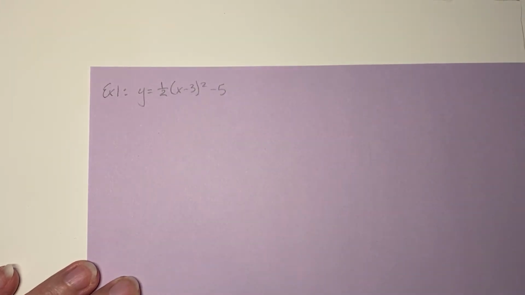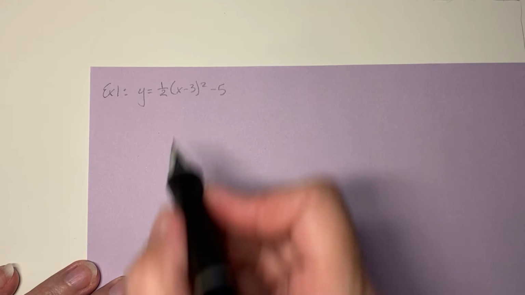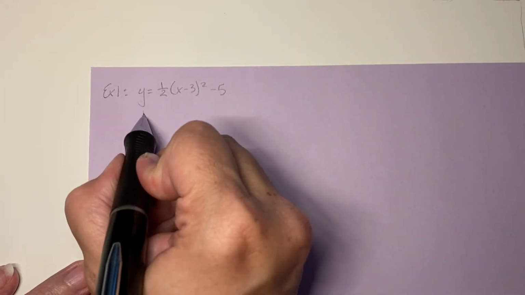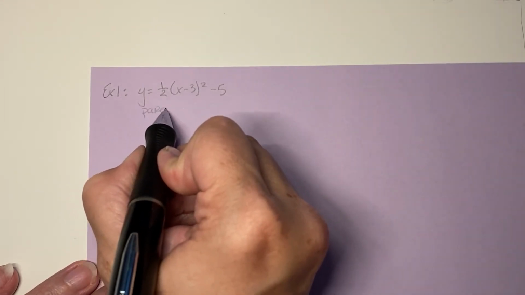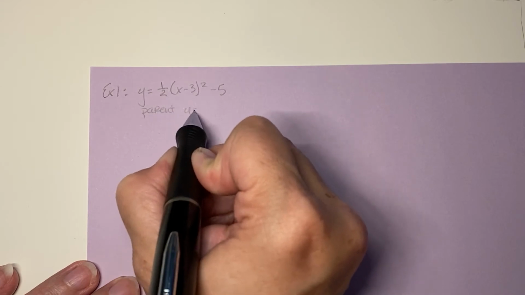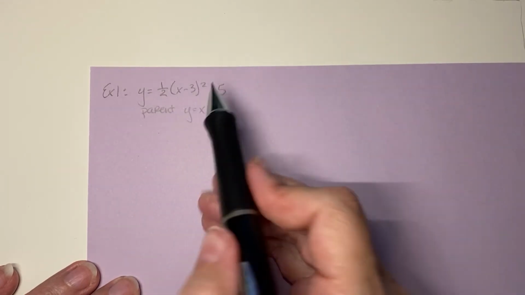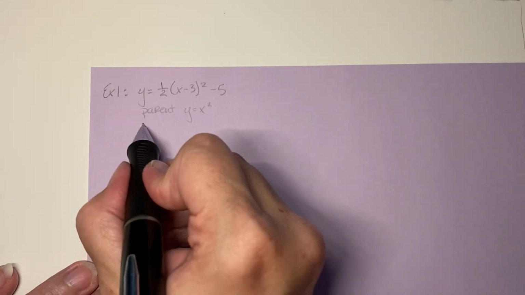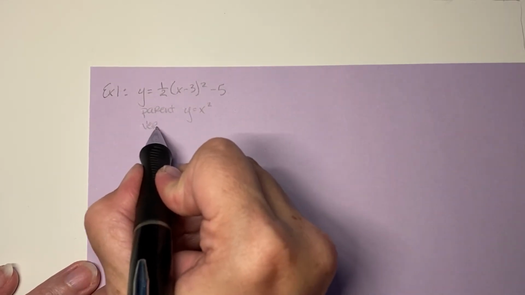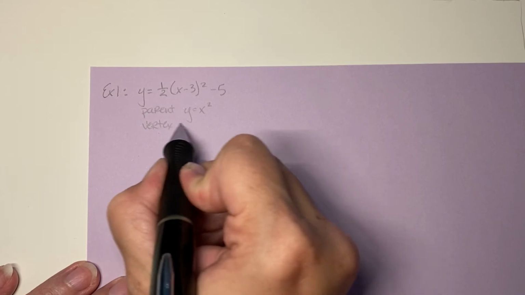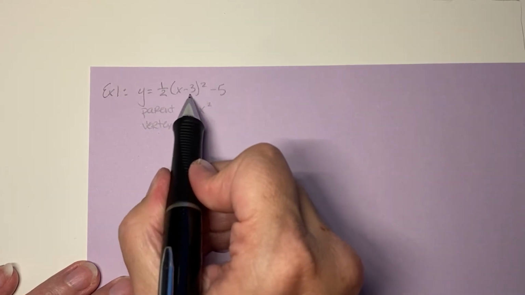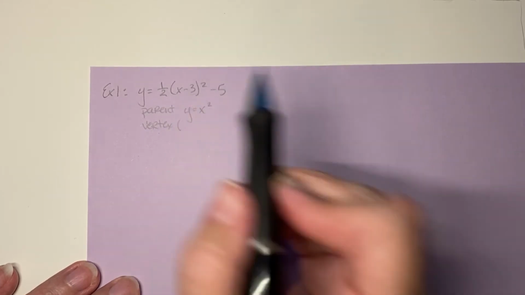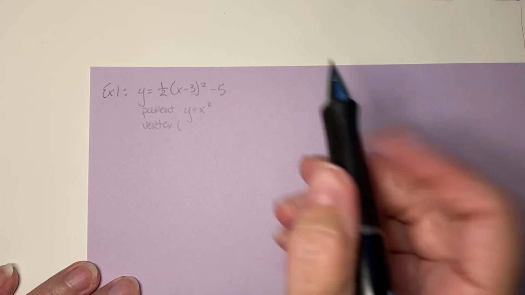Okay, so your first thing that you want to do is figure out what your parent function is. So our parent function is the y equals x squared function because of that power of 2 right there. Okay, the next thing you want to do is find your vertex, which here, okay, it says -3, but remember, it's opposite of what you see.